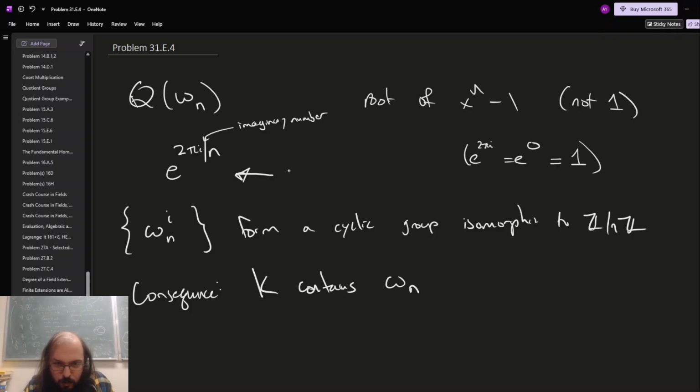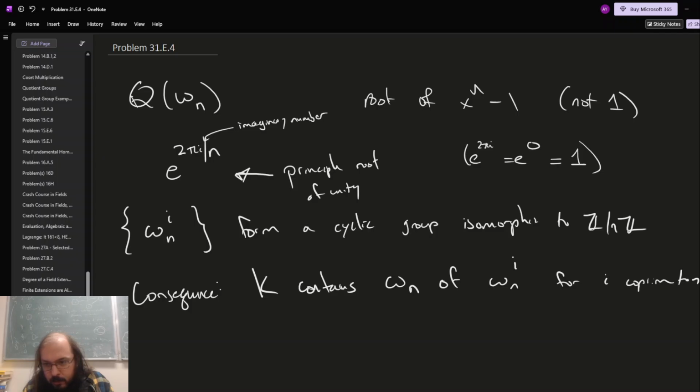So if K contains omega n, a principal root of unity, or omega n to the i for i coprime to n, that would do the same thing, then K contains all the roots of unity.